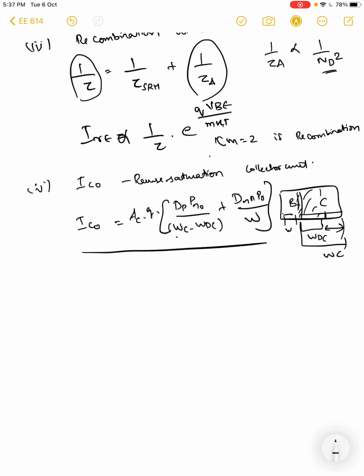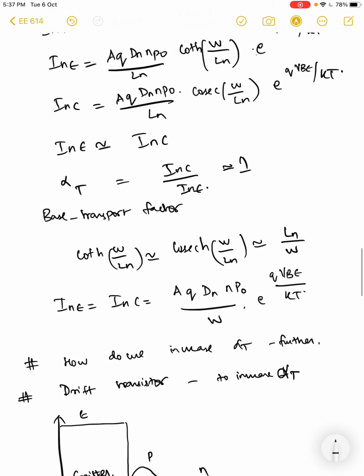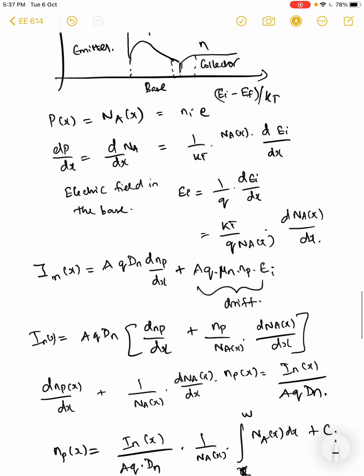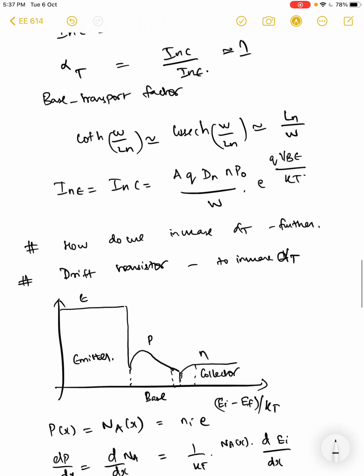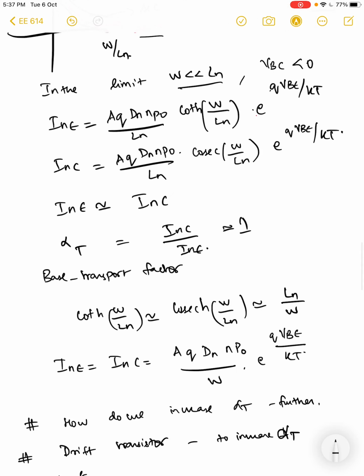So beginning with the initial discussion on the depletion width, we started, and then we managed to find the current components, the total emitter current and the collector current under certain conditions. Remember, this is true for all bias conditions independent of whether it is forward bias or reverse bias, right?